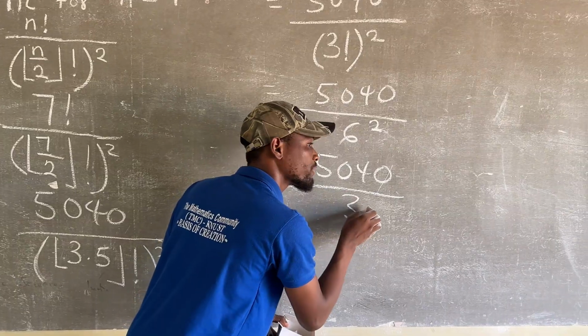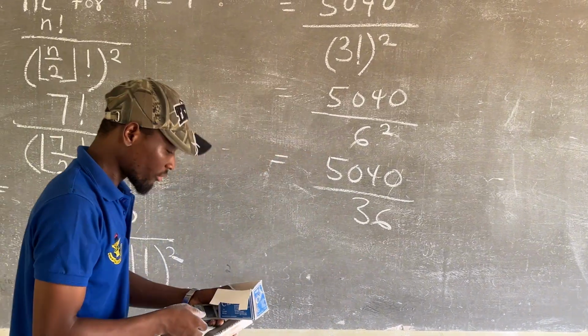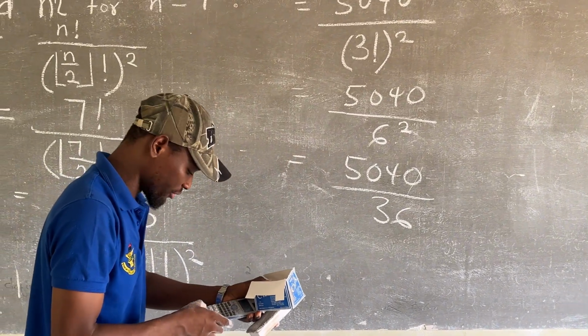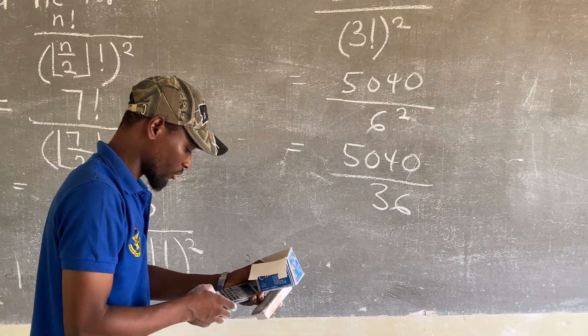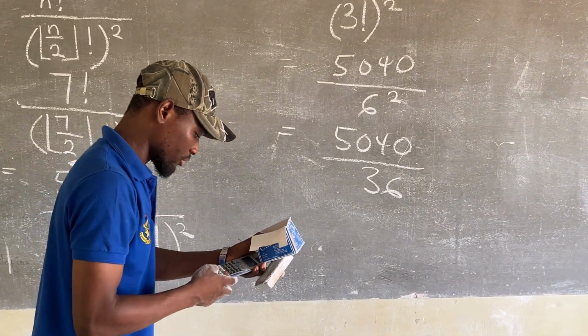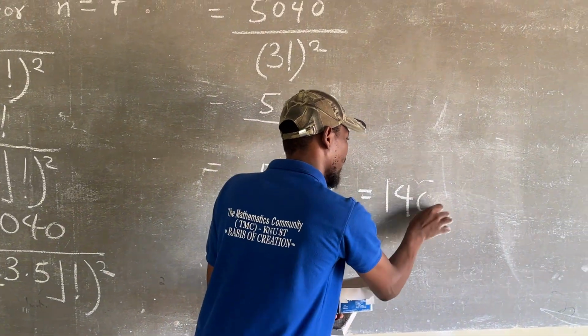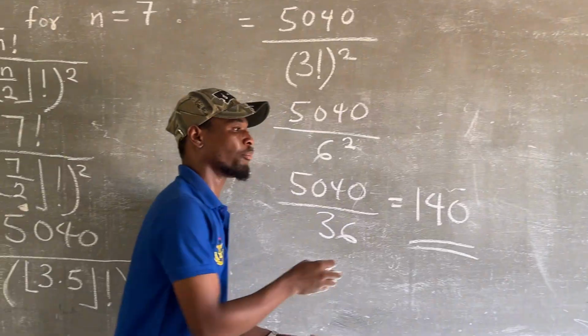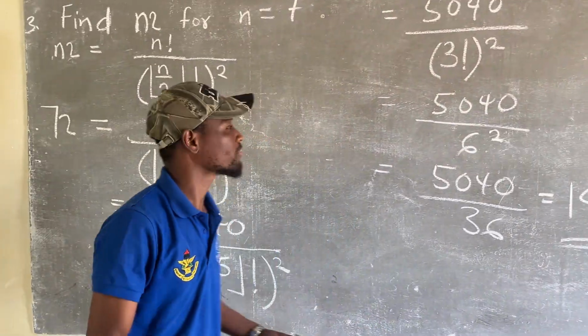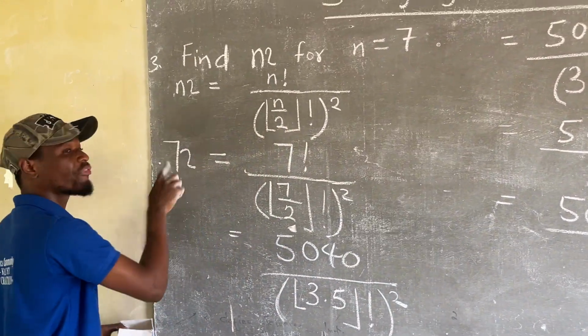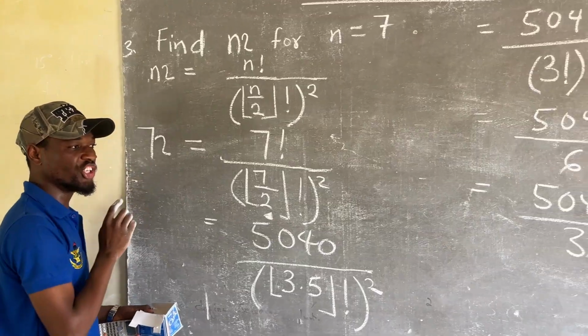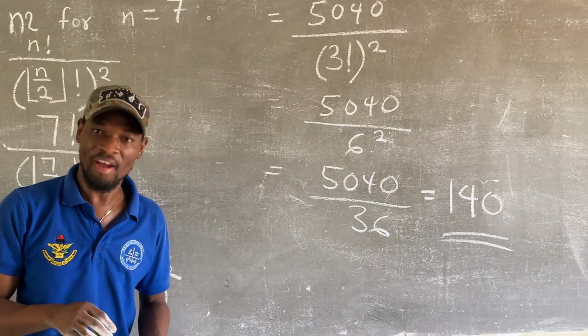And with the help of the calculator, we have 140. As simple as that. So viewers, the swinging factorial of 7 equals 140.